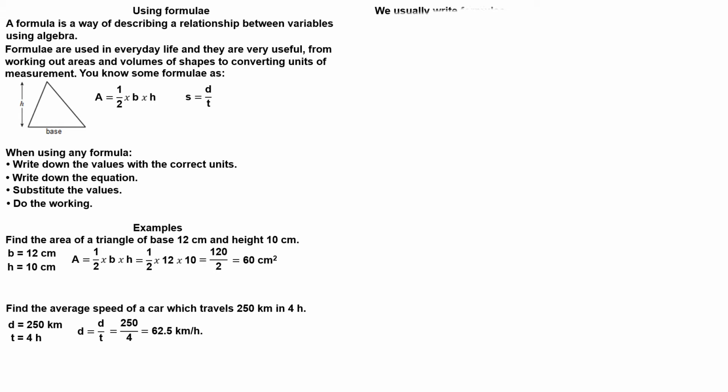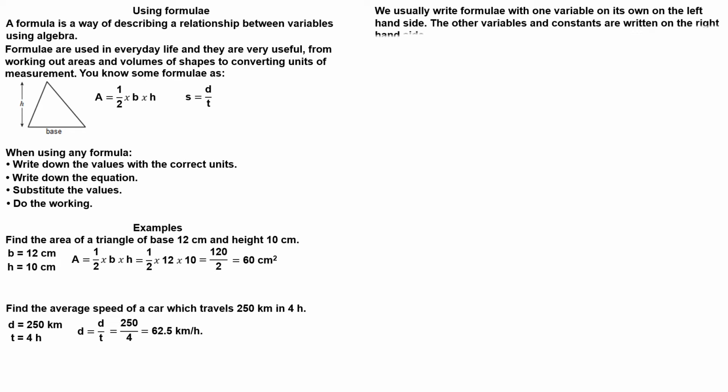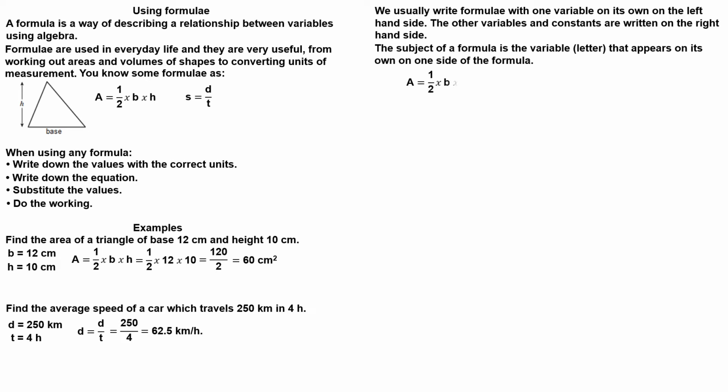We usually write formulae with one variable on its own on the left-hand side. The other variables and constants are written on the right-hand side. The subject of a formula is the variable letter that appears on its own on one side of the formula. In this formula, A is the subject.